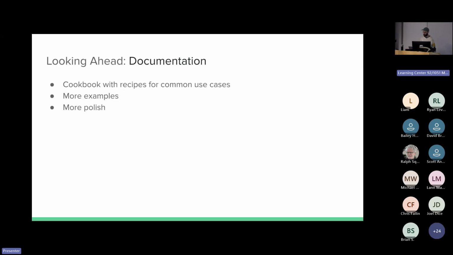Yeah, also, I think we could take a hard look at our documentation and improve the story there. I think it would be really cool to have a cookbook with recipes for common use cases for WASM, or what people want to do with Wasmtime. Say, oh, I want to build a plugin system for my application. Here's how you do it.